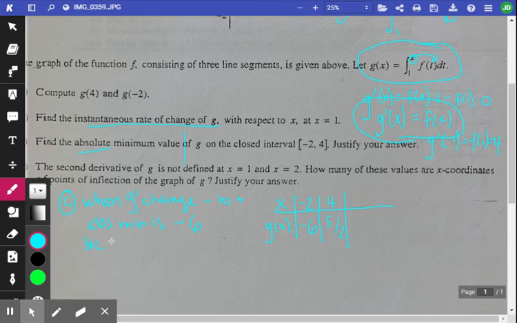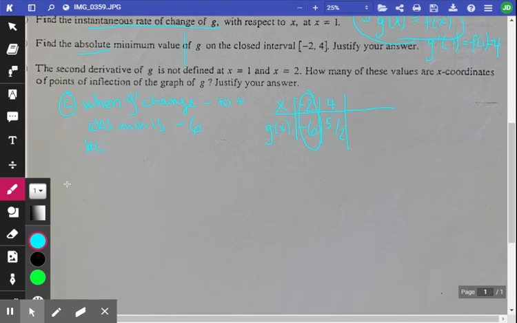I don't feel like writing this all with my pen, but because the only critical value on the interval -2 to 4 is at x equals 3, but you would have a maximum there. So the only places that a minimum could exist are my two endpoints. And when I look at the y values of the endpoints, the y value at x equals -2 gives me the smallest y, so that is my absolute min.